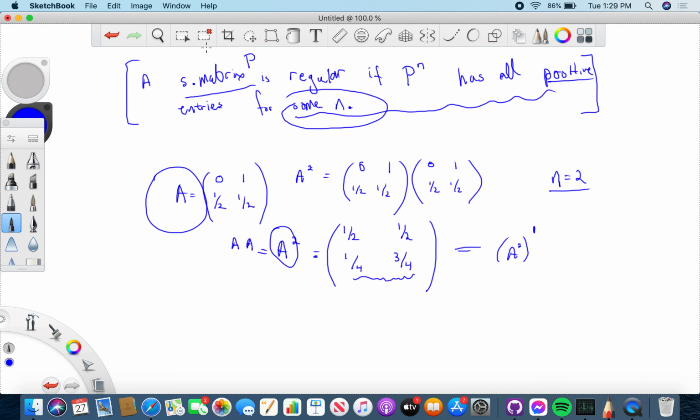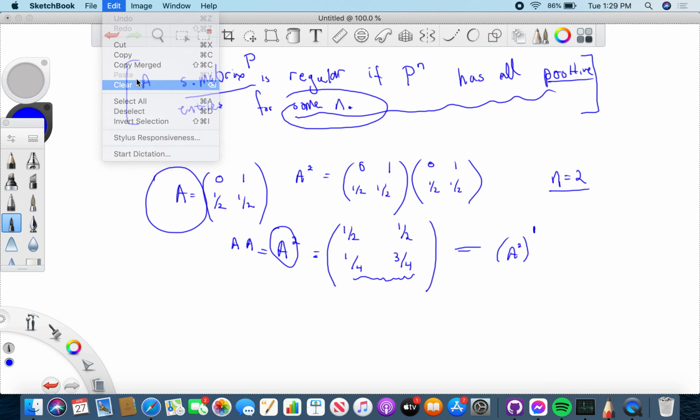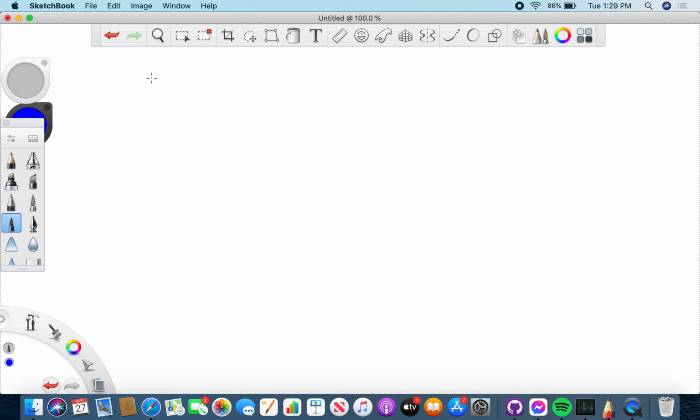Okay, so the next concept we're going to cover is that of fixed points. A fixed point is a non-zero vector v.